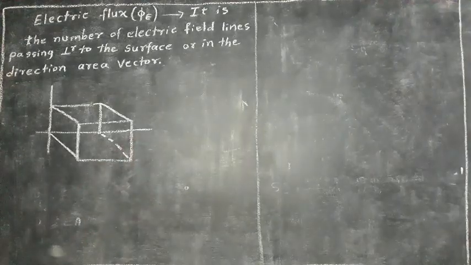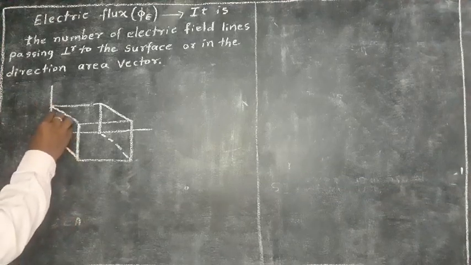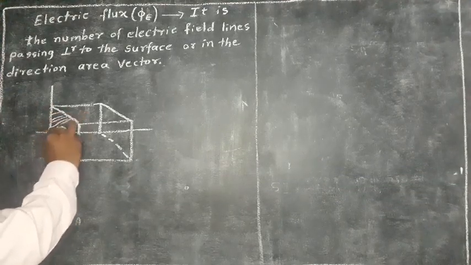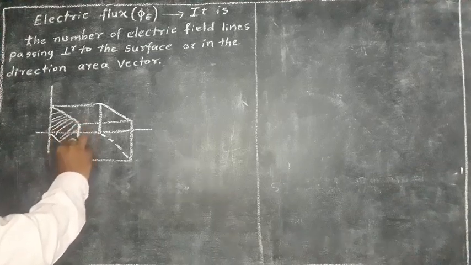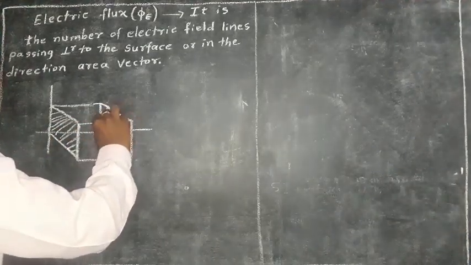This is a cube, and a cube has 6 surfaces. One is the left surface, and this is the right surface.